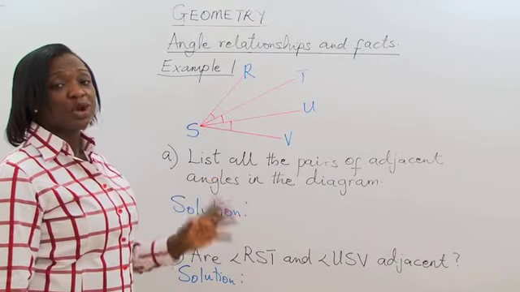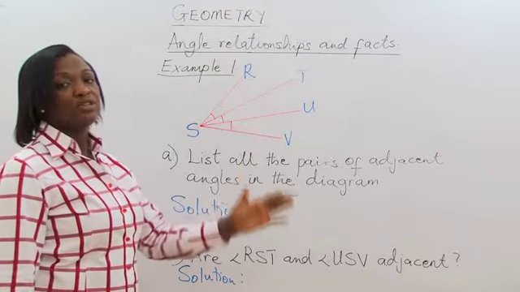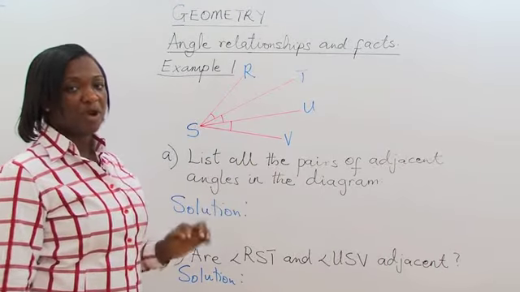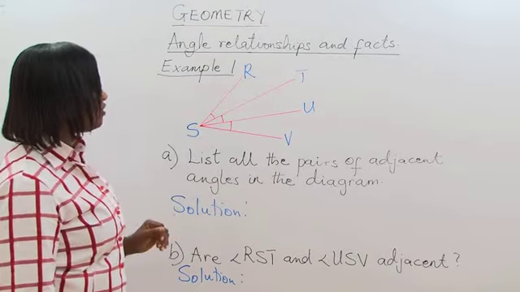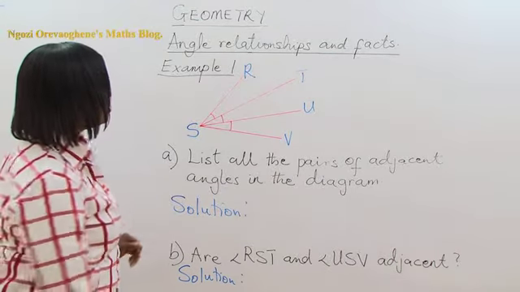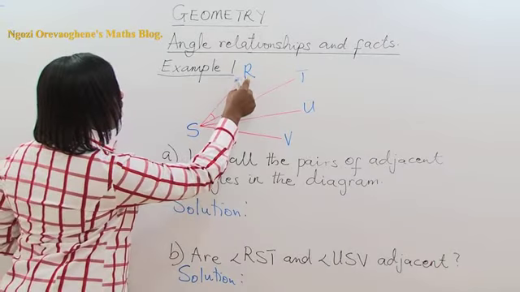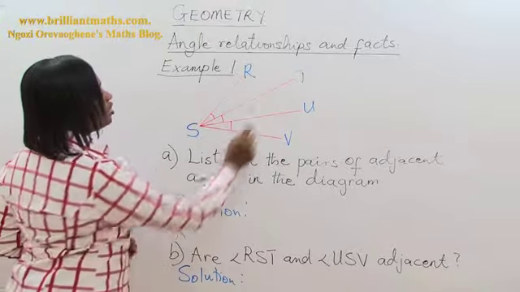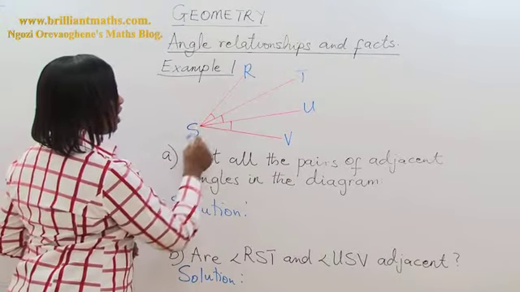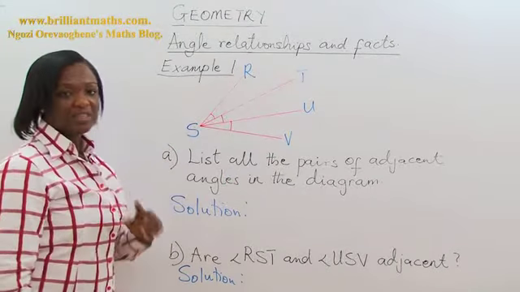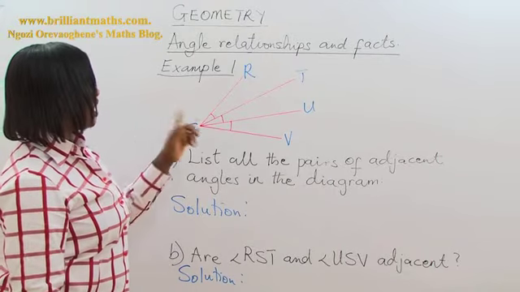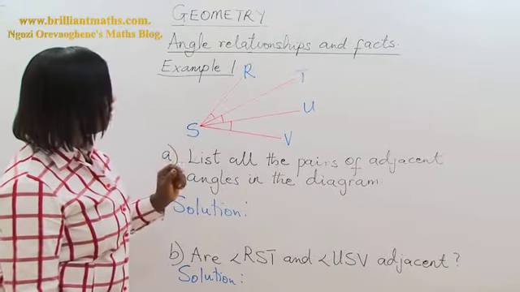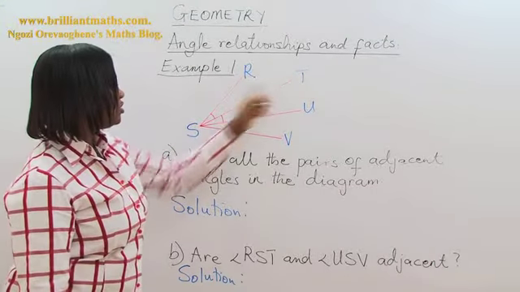Adjacent angles are two angles that lie next to each other. They have a common vertex and they have a common arm. So let's find the pairs of adjacent angles. Angle RST is adjacent to angle TSU. We can see that because they have a common vertex, which is S, and they have a common arm, which is ST or TS.